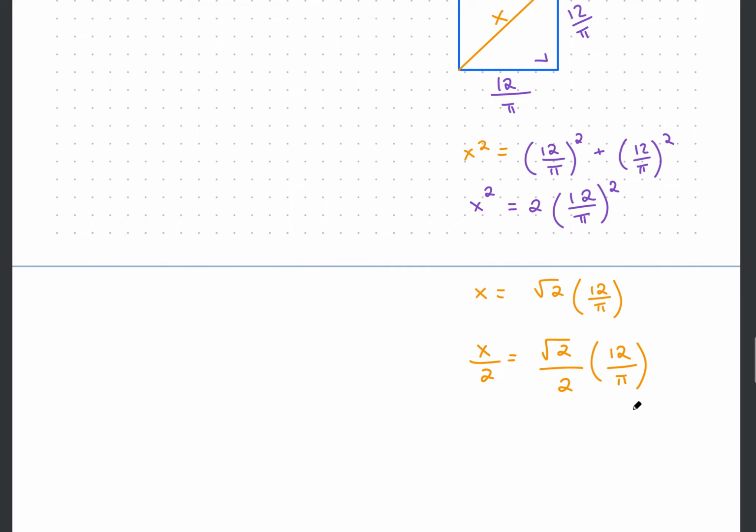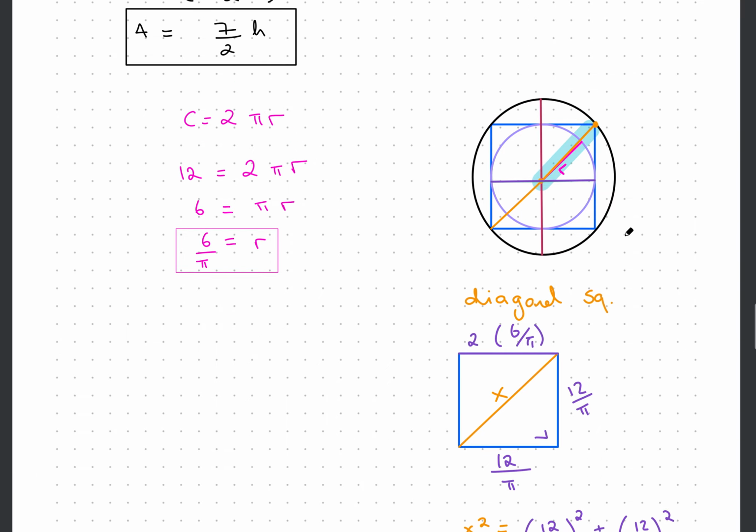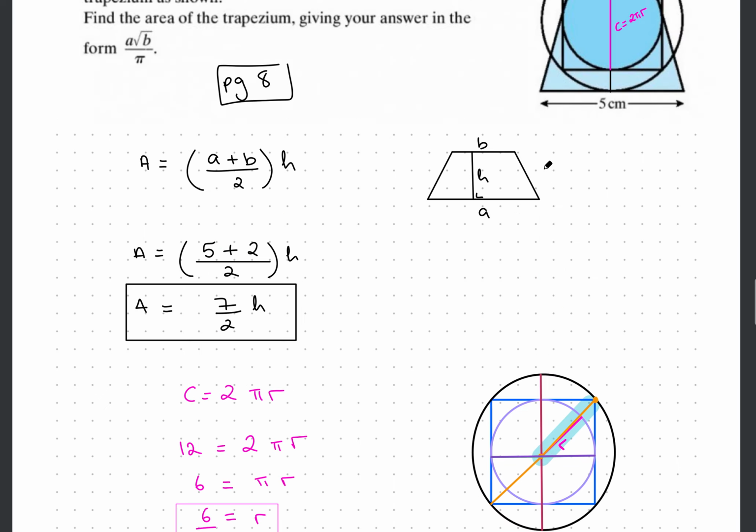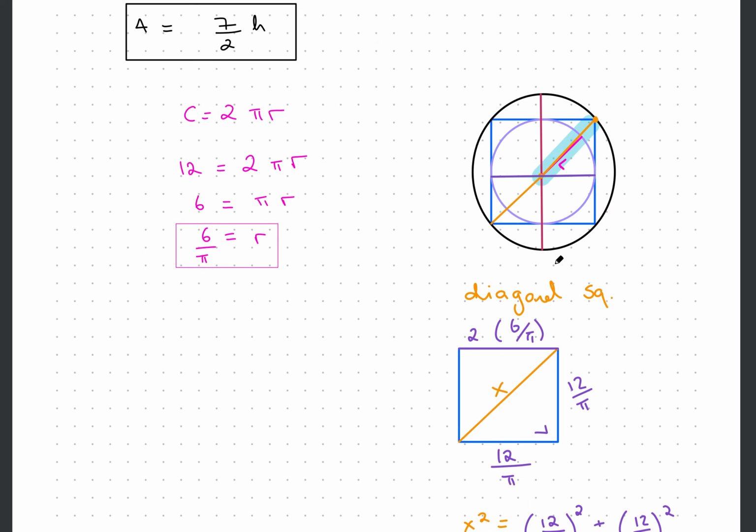And I actually don't think I needed to do this. I think I'm going to end up multiplying it by 2 in a second anyway. But that then is the big R. And what I mean by big R is it's the radius of the big black circle that I drew here. It's the big radius. And why did I want that? I wanted that because I wanted the diameter of it. So there's where I need to multiply it by 2 again.